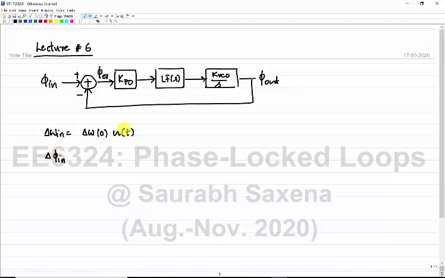If your frequency step is like this, phase step will be delta omega in times dt, integral, right? Which is going to be integral of delta omega of 0 times dt starting from t0 to t. So you see here that you have the input phase changing like this. Is it correct?